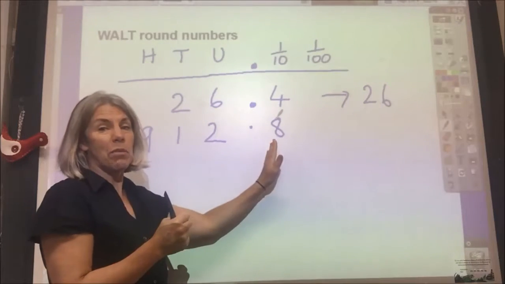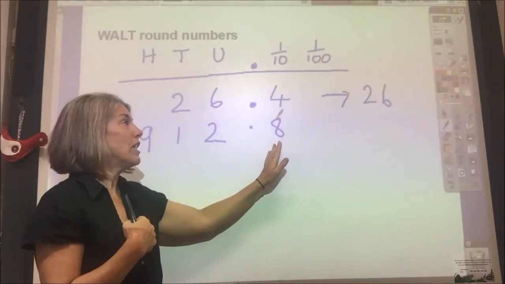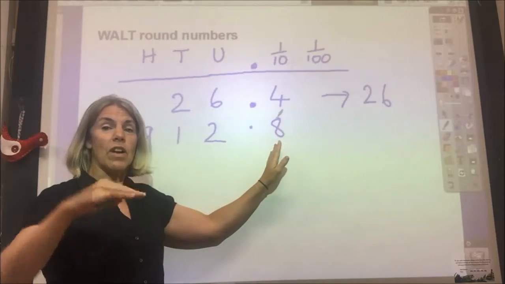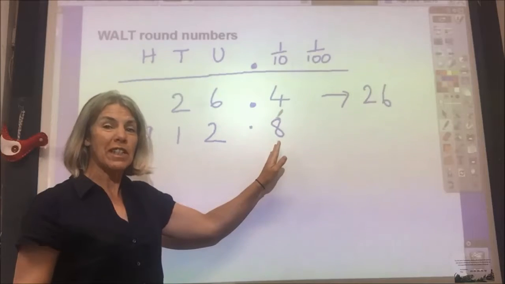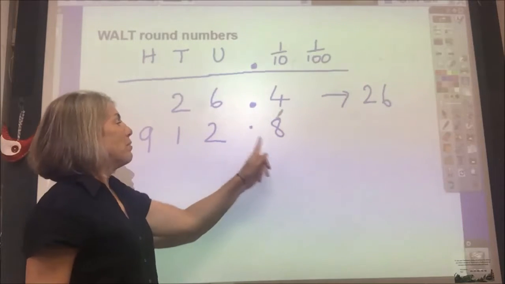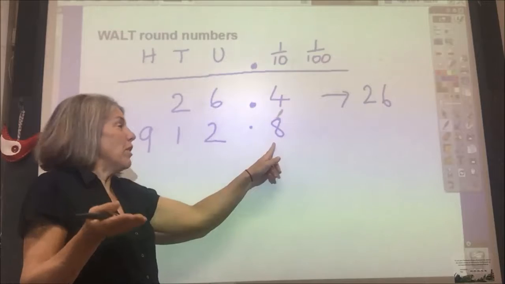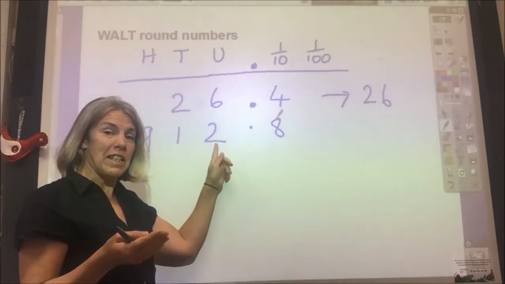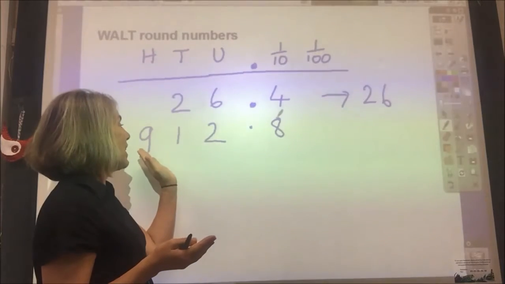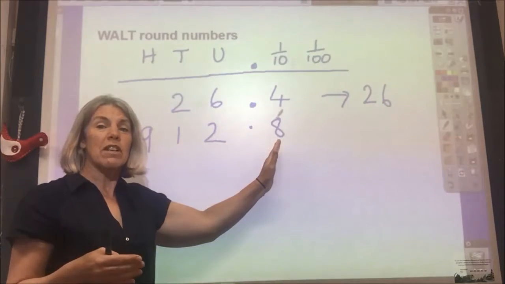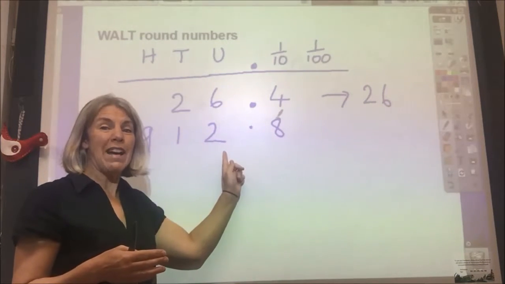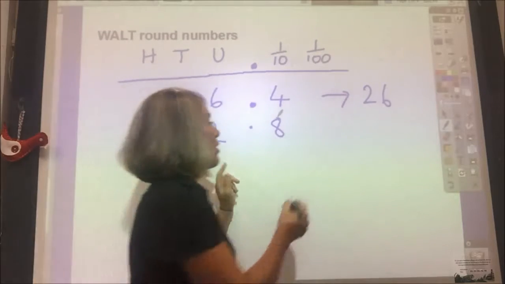So we move one space to the right and we look at this tenth. If it's 5 or above, we're going up, 4 or below, sticking with our existing number. Because it's the 8, we're going to move on up. Make this into a 3. So we're saying 912.8, when rounded to the nearest whole number, rounds up to 913.